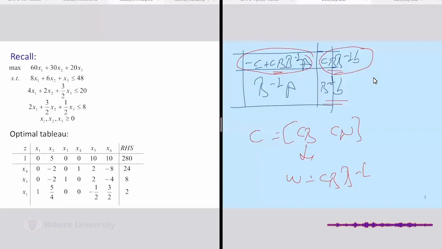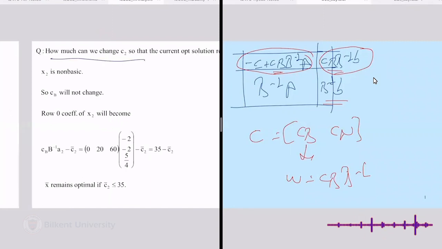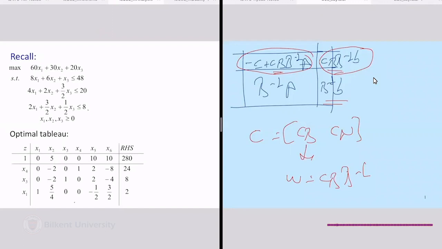I think let's go over the example to see if the methodology is clear. It's the same example. We will be using this example for the whole class today. This is the problem statement, optimal table. Now we're going to change C2. How much can we change C2? First of all, we need to see if X2 is basic or not, if C2 is in CB or not. As you see, among my basic variables, X2 is a non-basic variable, right?